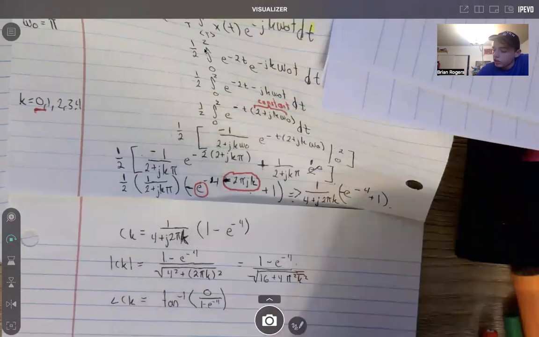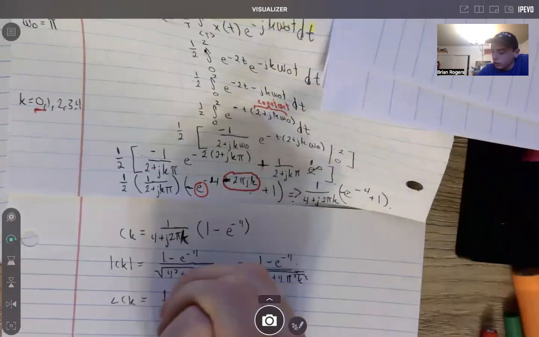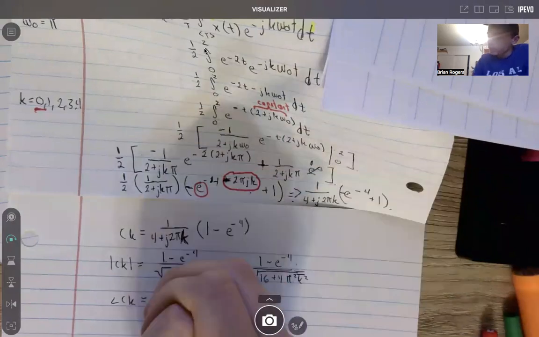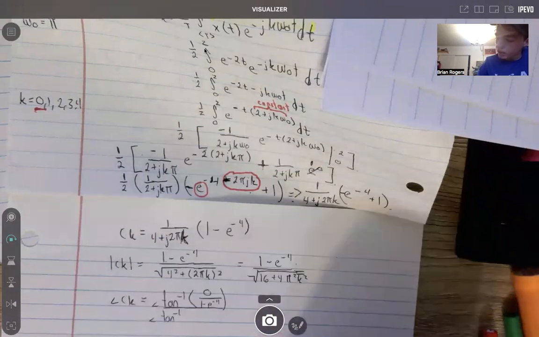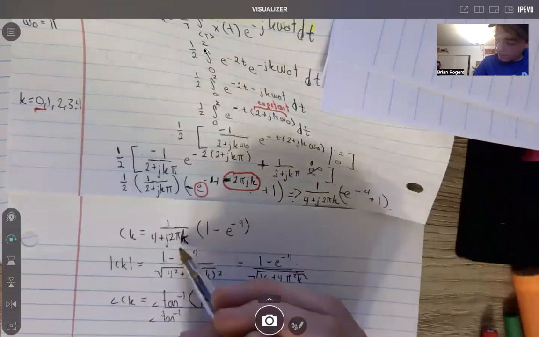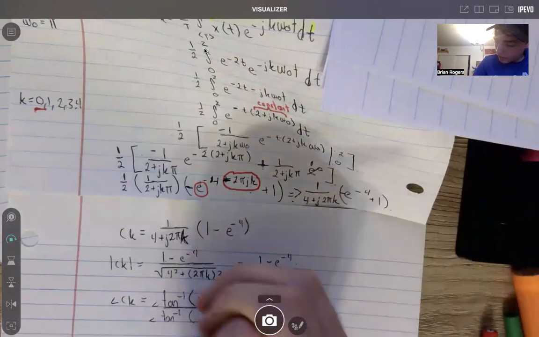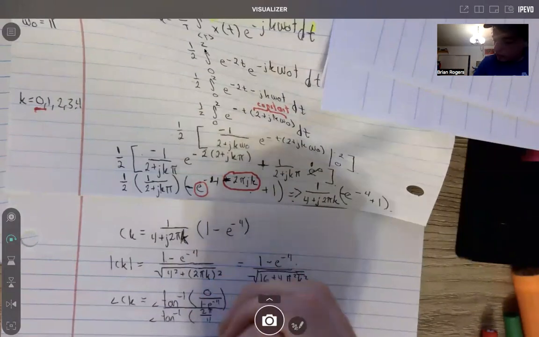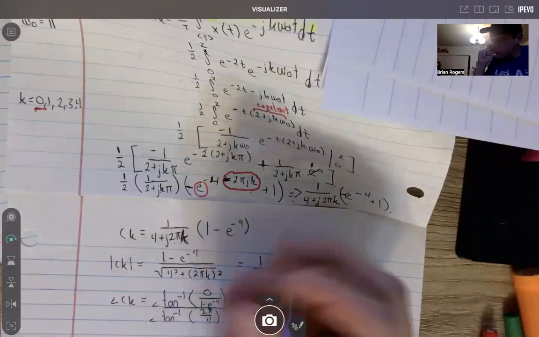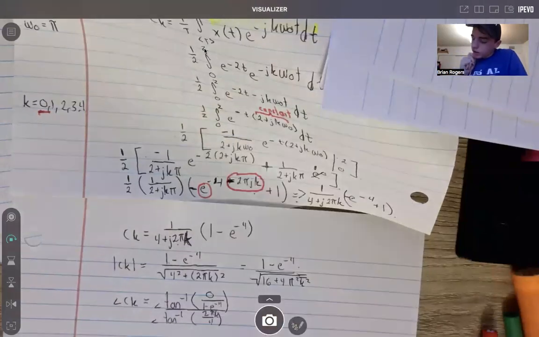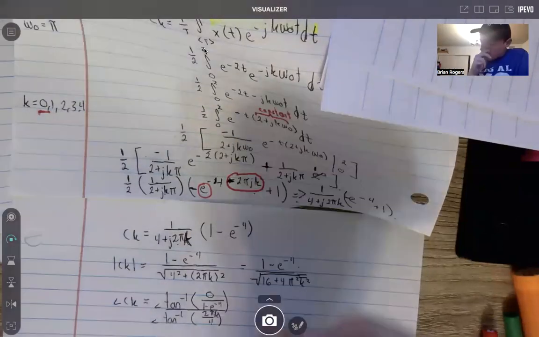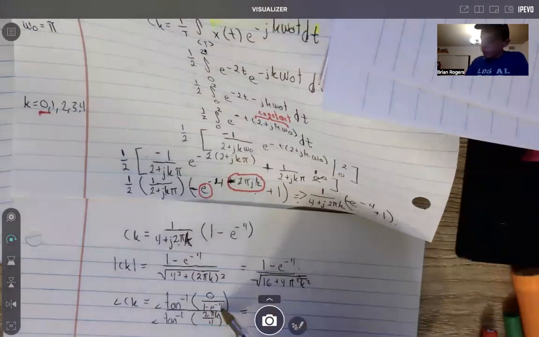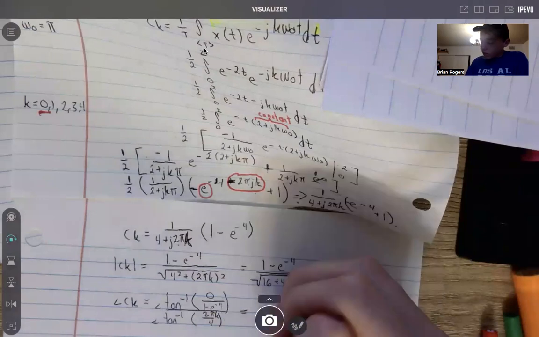And then for your denominator, it would be tan inverse, and your imaginary term here is 2 pi k, sorry, all over 4. And so for the numerator, it travels 0 in the y direction and it's positive in the x direction. So that's going to be along the real axis, so degree 0.